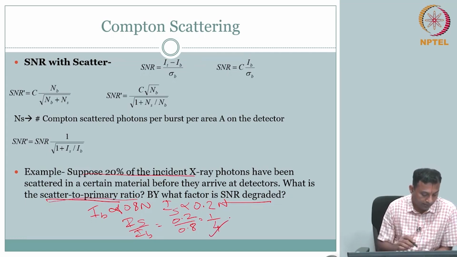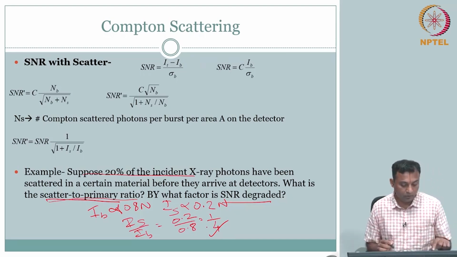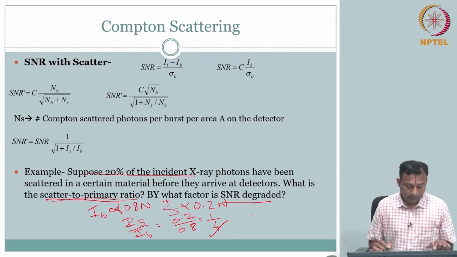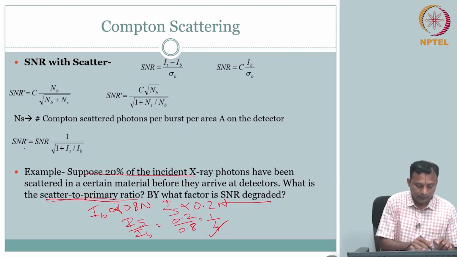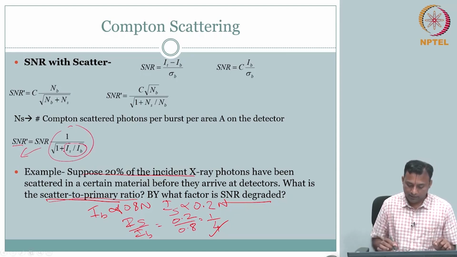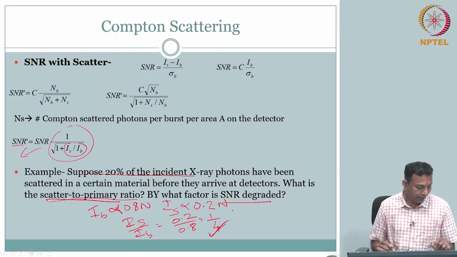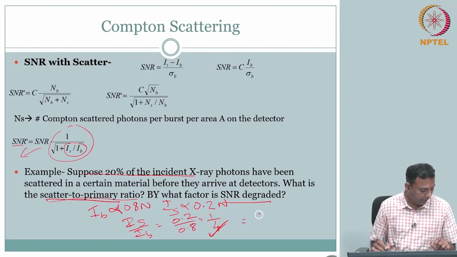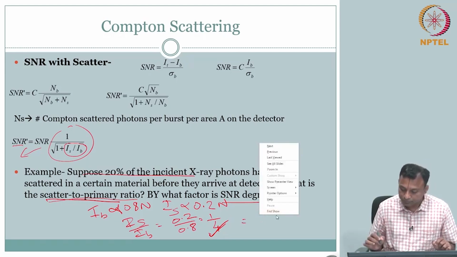What is asked? By what factor is SNR degraded? So, look at the SNR dash by SNR, right. So, you have to calculate this, for which you have your IS by IB computed already.